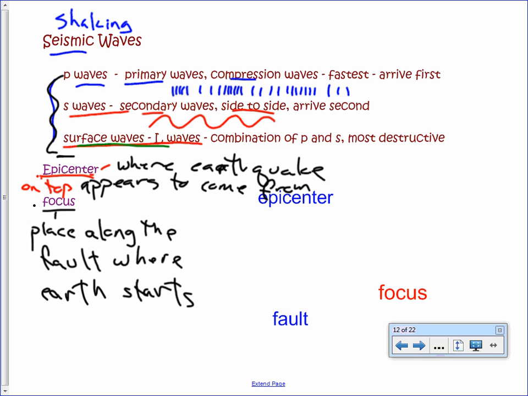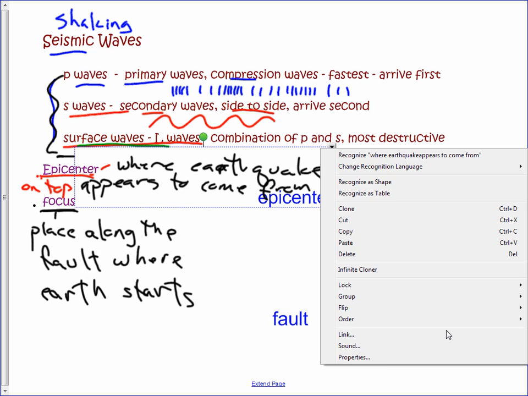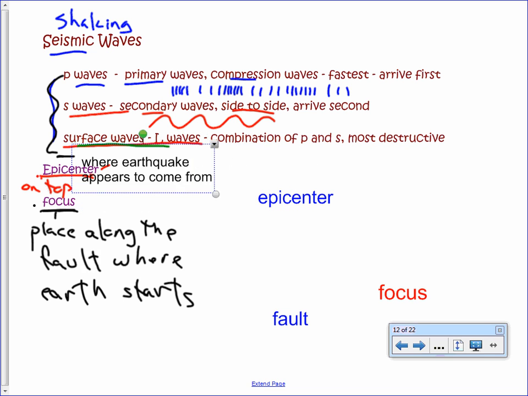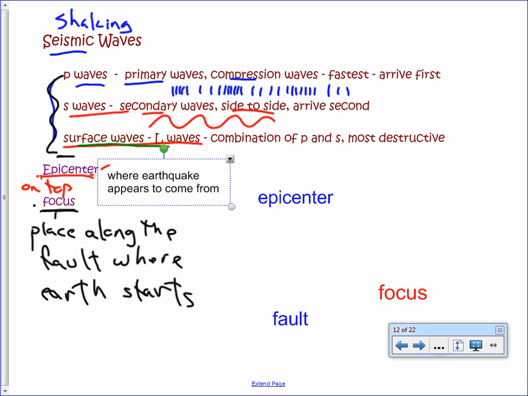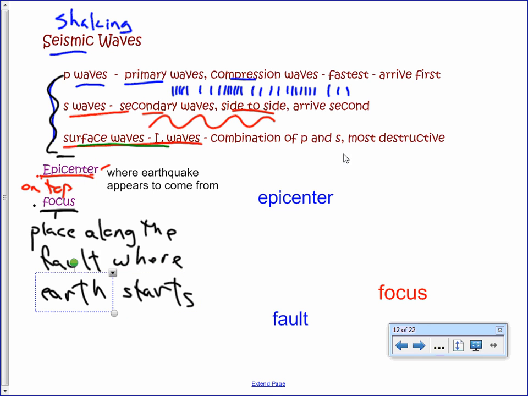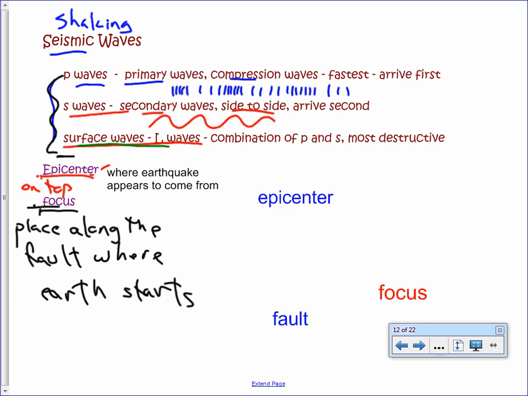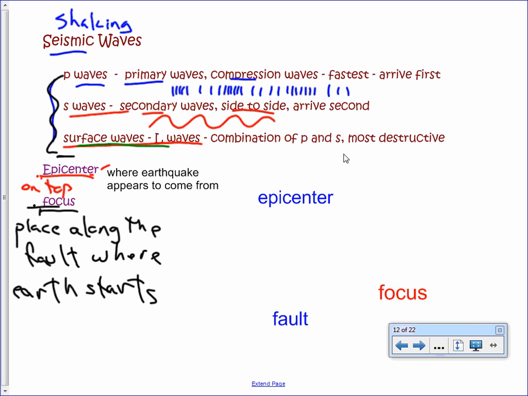And in the BrainPOP we watched yesterday, I think they called this the hypocenter, but the textbook calls it the focus. We'll call it the focus. So let's make a little diagram so that this makes more sense. So where the earthquake appears to come from. And the epicenter will be right above the focus. Right now it's not doing that.